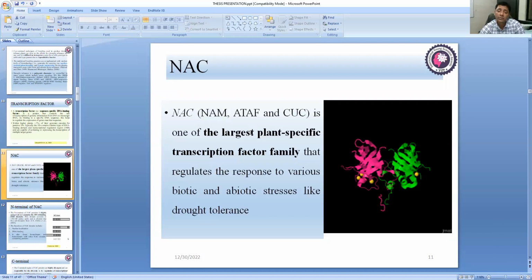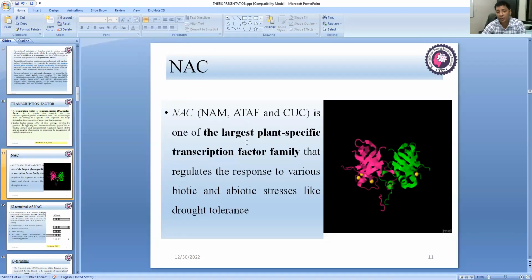The C-terminal regions are essential for regulation while you are imposing abscisic acid stress. So when drought occurs, the C-terminal region may regulate in response to abiotic stress, like ABA regulation.